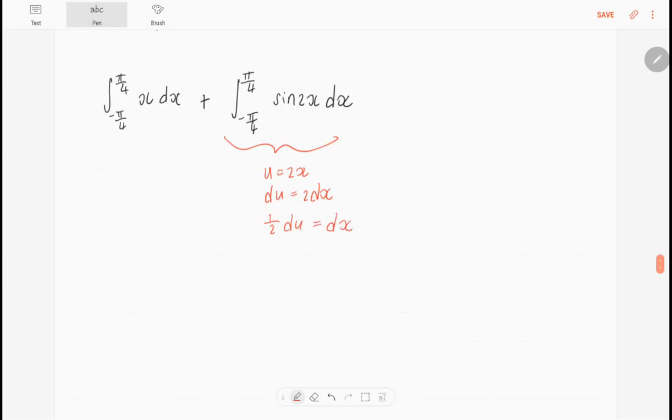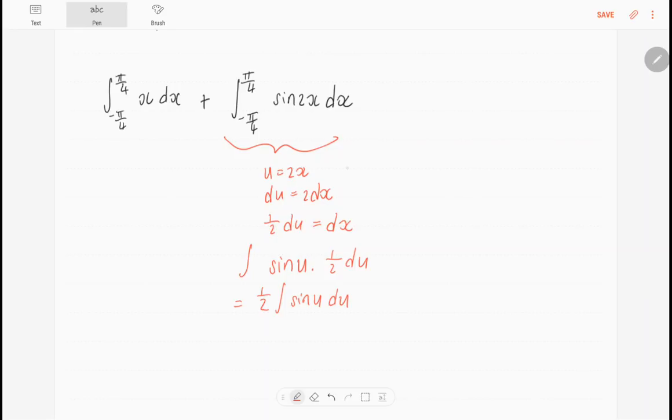So that means our integral will become the integral from minus pi over 4. Sorry, you're going to have to change your bounds. So we have our sin of u multiplied by a half du. So that's going to be a half the integral of sin u du.